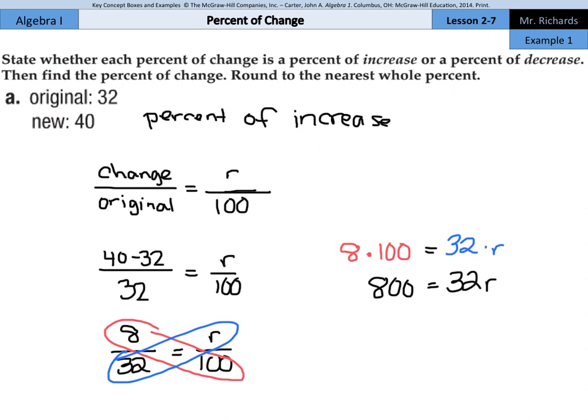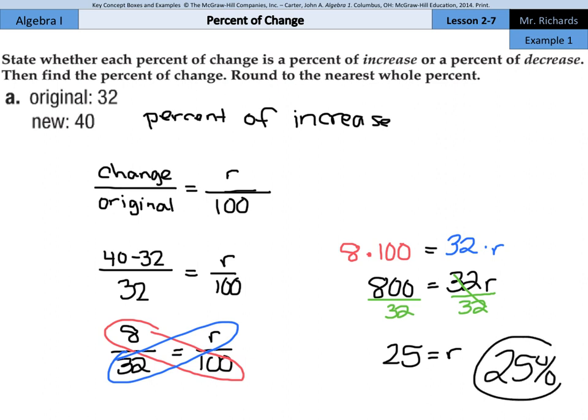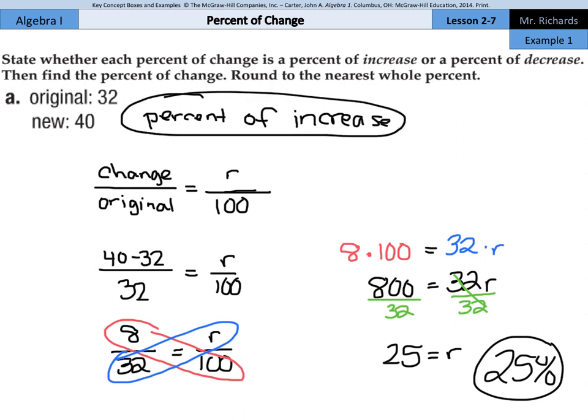And now if I solve this one-step equation, divide by 32 on both sides, 25 equals R. So this is a 25% increase. So we have a percent of increase of 25%.